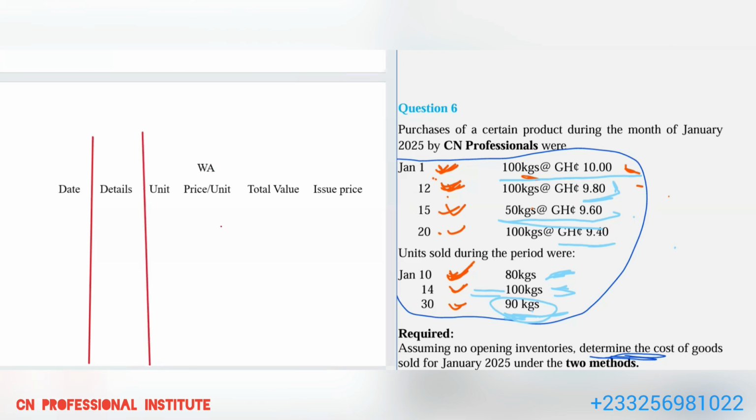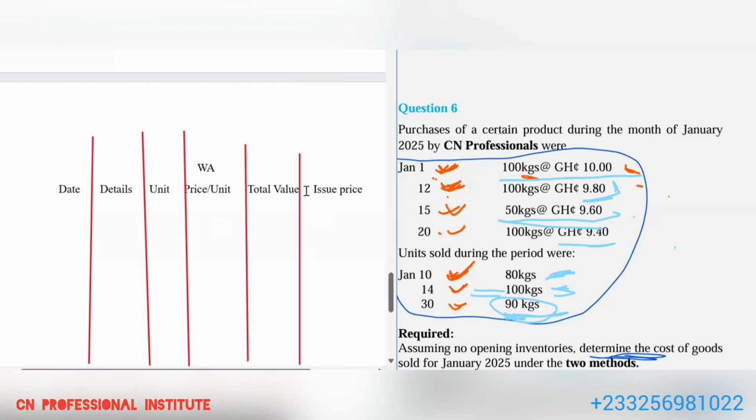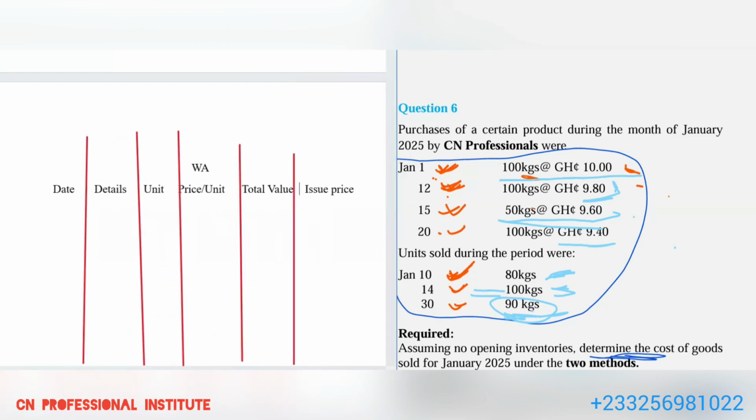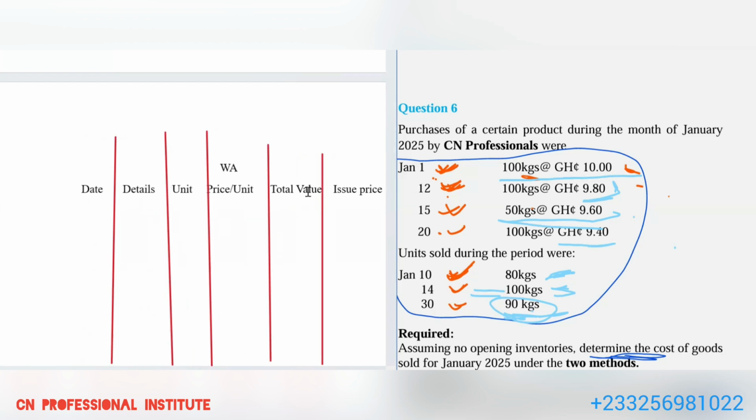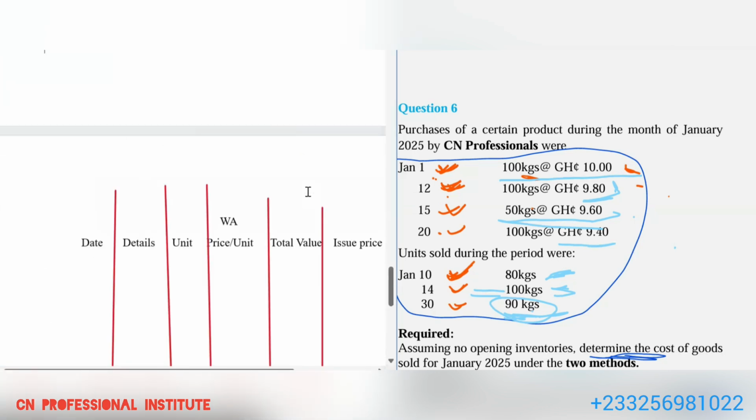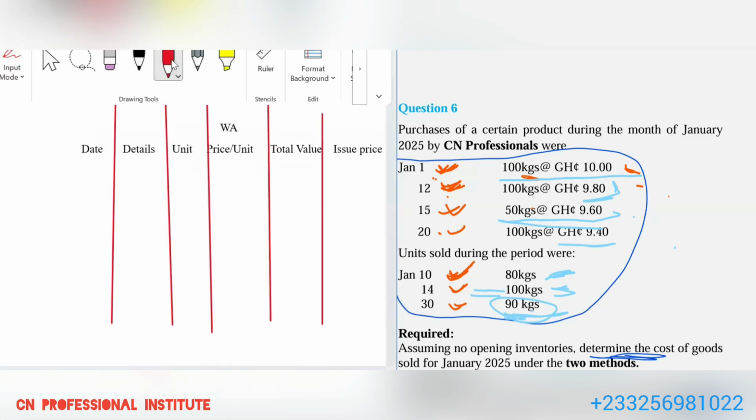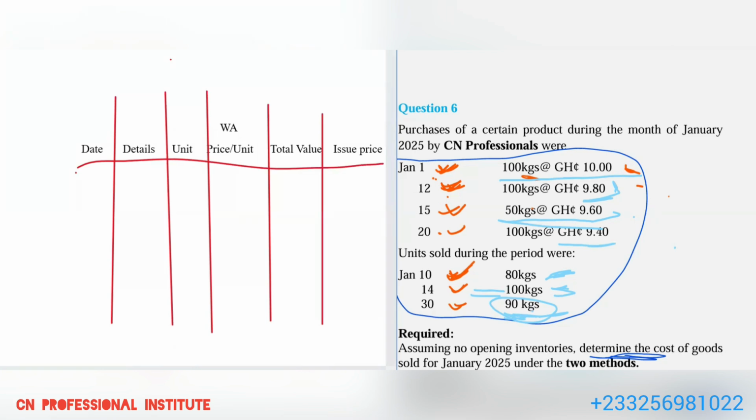So then I have my unit price per unit, this, and then I have the issue price. Okay, so let me underline it here.